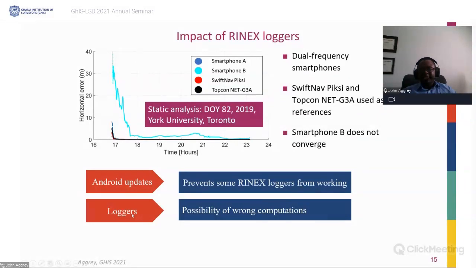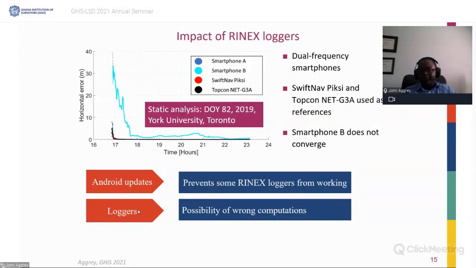The second thing is there's something called loggers. These loggers help you log measurements on your phone. There are many different types of loggers being used right now, so the choice of logger that you use can also influence the kind of results you obtain. For me personally, whilst doing this experiment, I built my own logger.